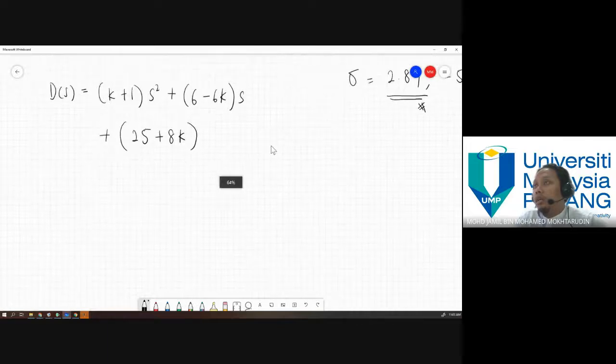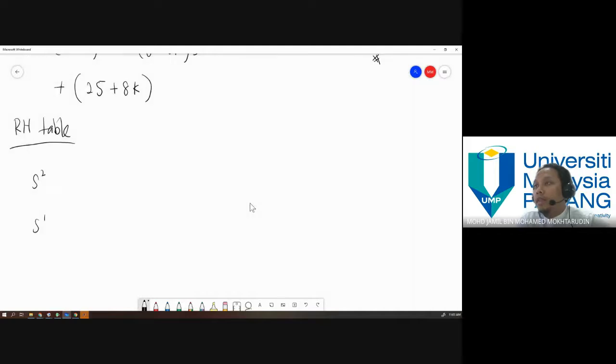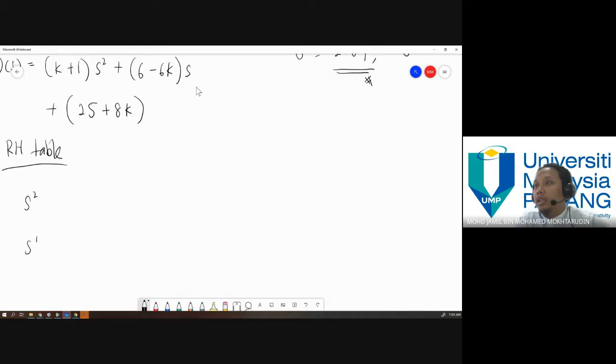And then you can generate the Routh table. Start with s squared and then followed by s1, filling this alternatingly.